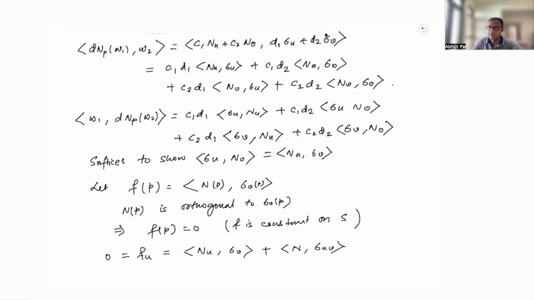All these partial derivatives are computed at the point p. So from here, NU sigma B is equal to minus N comma sigma UB.